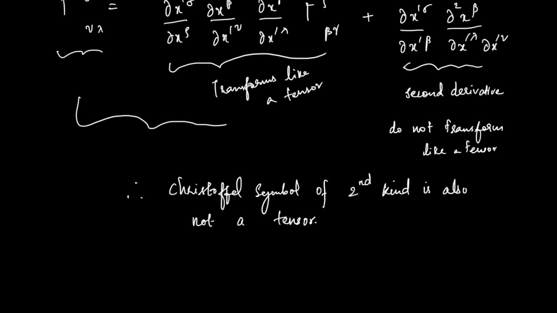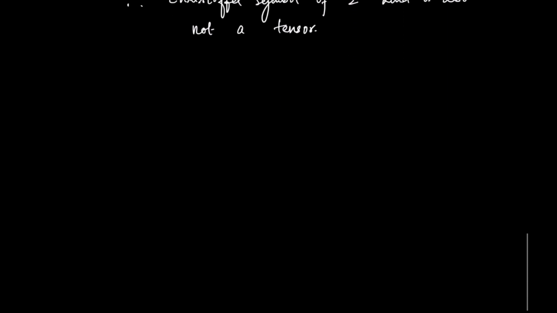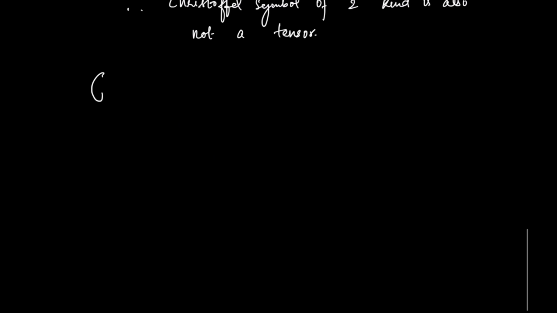But what is the significance of Christoffel symbol? That we are going to see. For that, we should know what is geodesic. So we learn what is geodesic, and slowly we'll go and see the significance of Christoffel symbol.